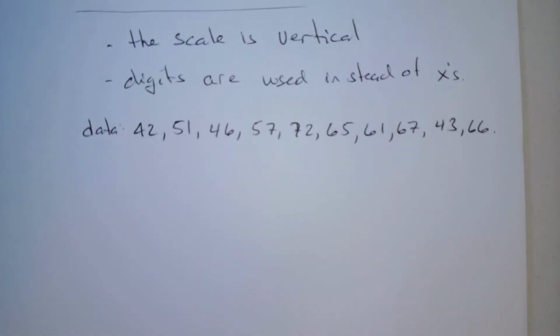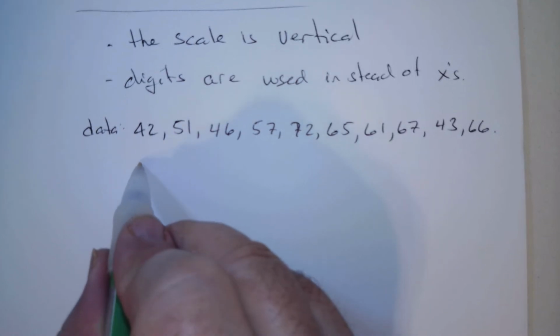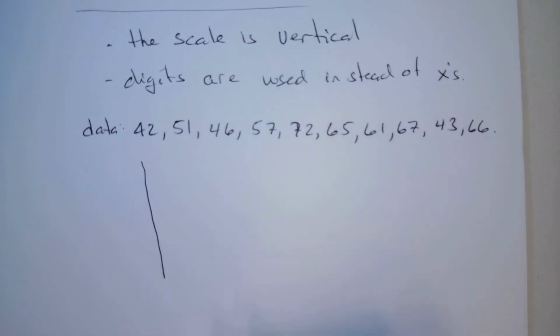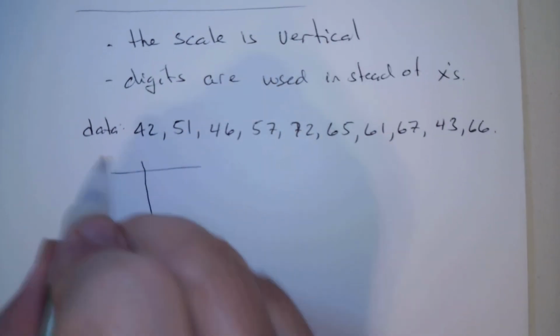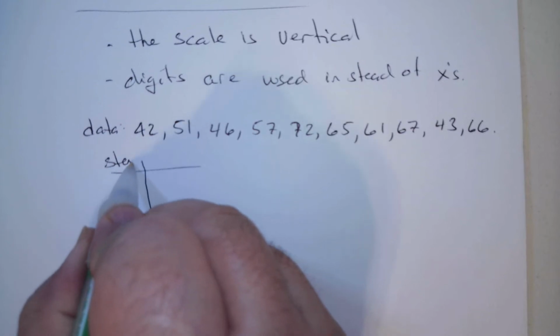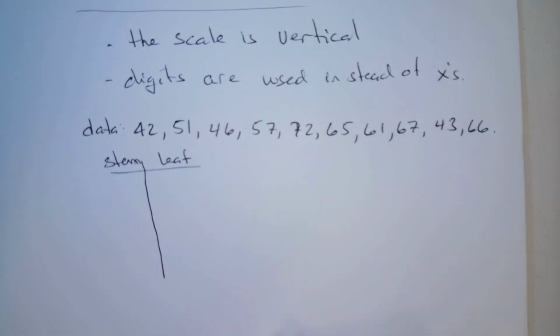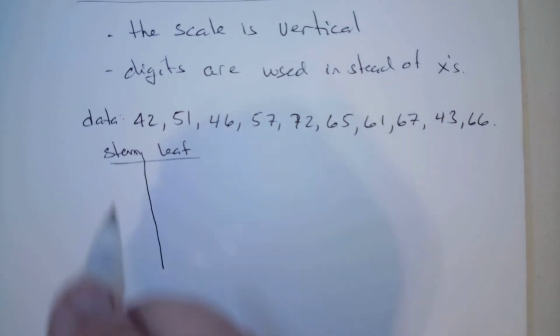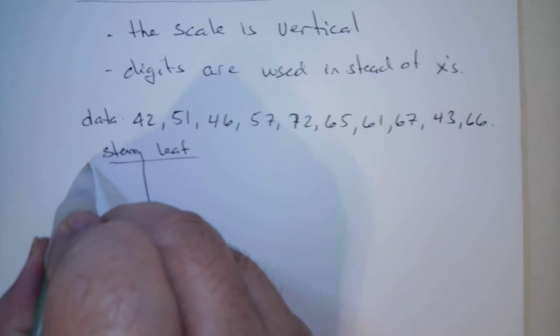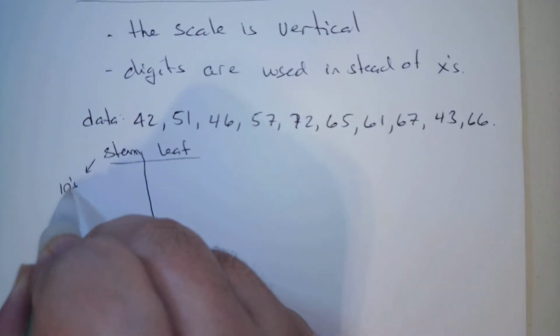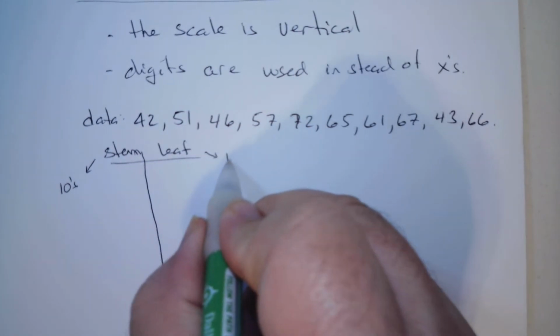Let's say that's our data. So our stem and leaf plot looks like this. This is our stem. This is our leaf. Our leaves. The stem part represents the tens digit. This part represents the ones.